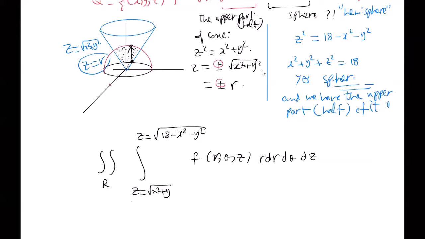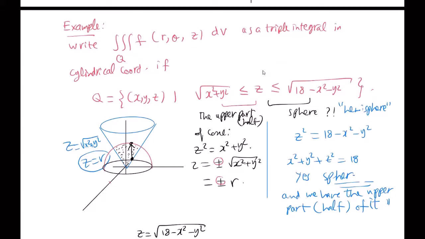Doctor, but this is volume, we didn't put 1. Who said volume? Did anyone tell you to compute the volume here? You are imagining. Again, this is a triple integral of some integrand function. If this function is 1, we are computing the volume of this solid.